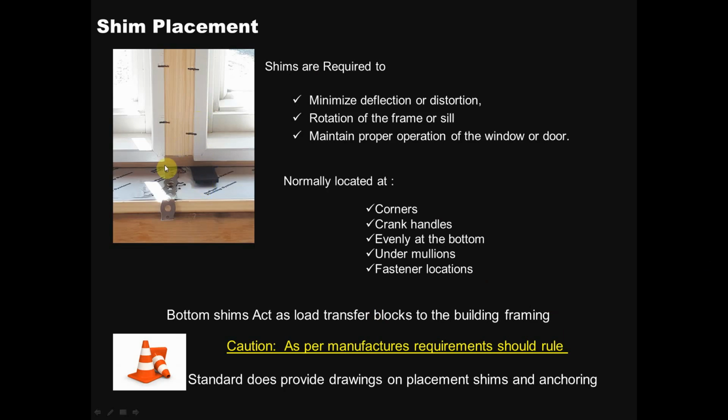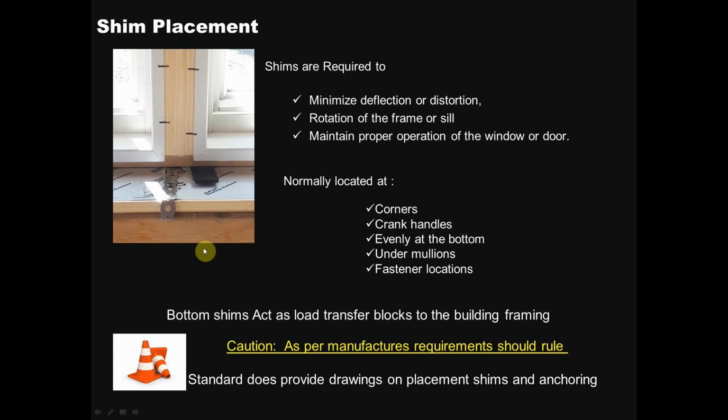Now, as building inspectors, I wouldn't be going around telling people where to put the shims, because the manufacturer's standard should rule, and there is also a shim placement within the installation standard. But it's good to know that what we need is corners, crank handles, and evenly on the bottom.